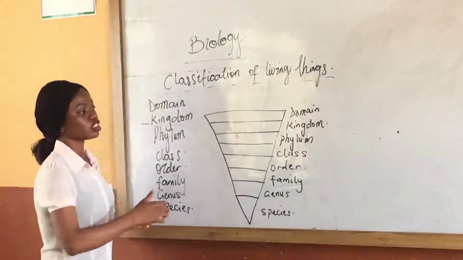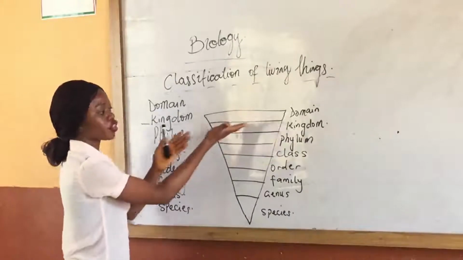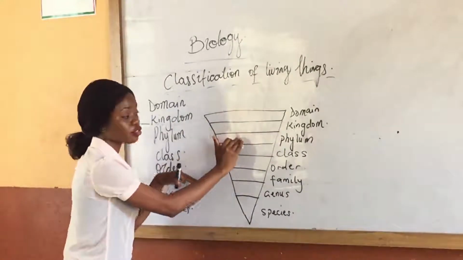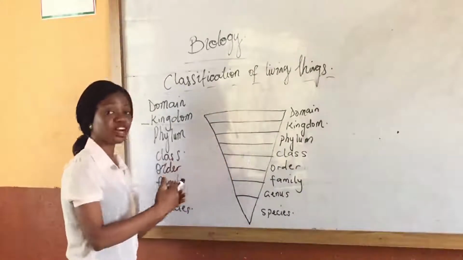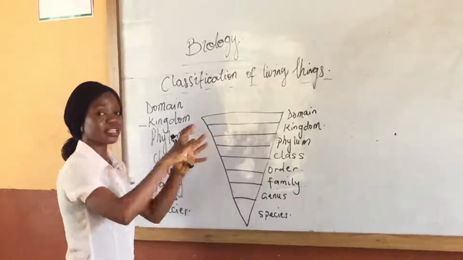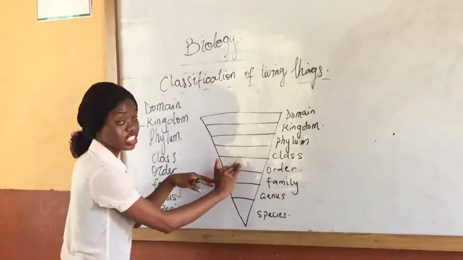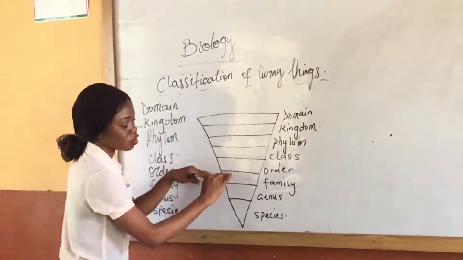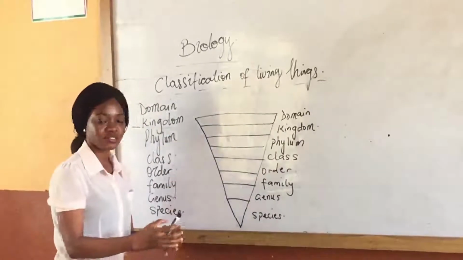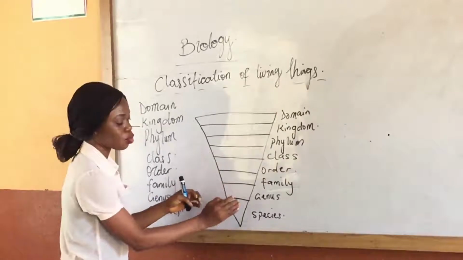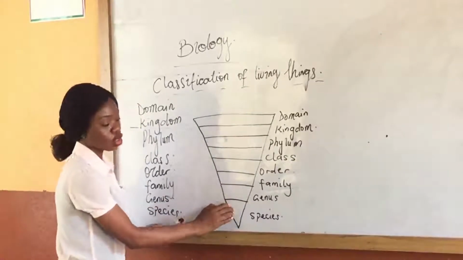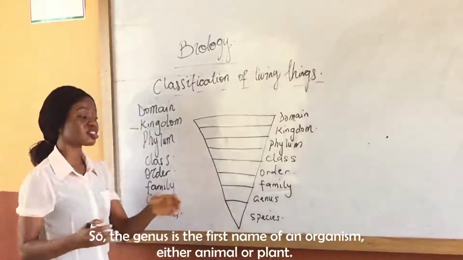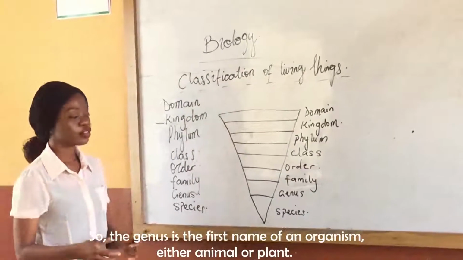Okay, so once these are grouped from the kingdom, we group organisms into the phylum, we group them from the phylum into the class. In a particular class, we group into others. In a particular order, they are grouped into what? Family. In a particular family, they are grouped into genus and what? Into species. Okay, so the genus is the first name given to what?